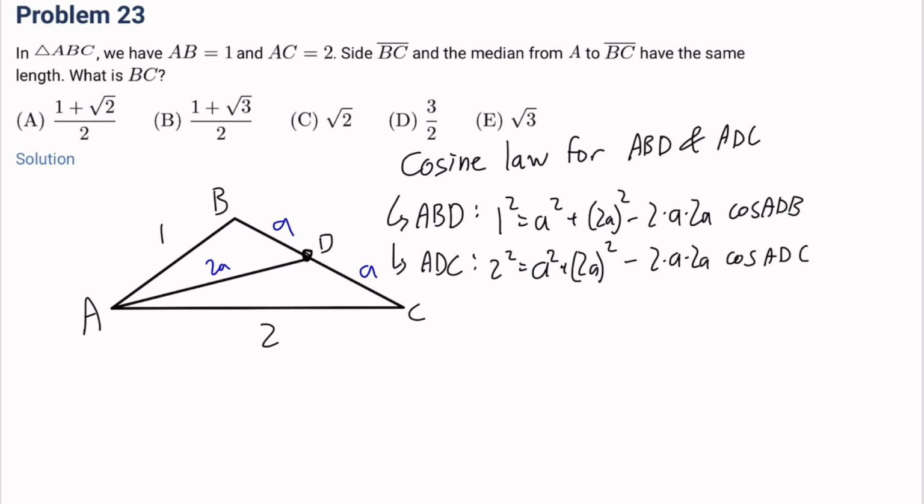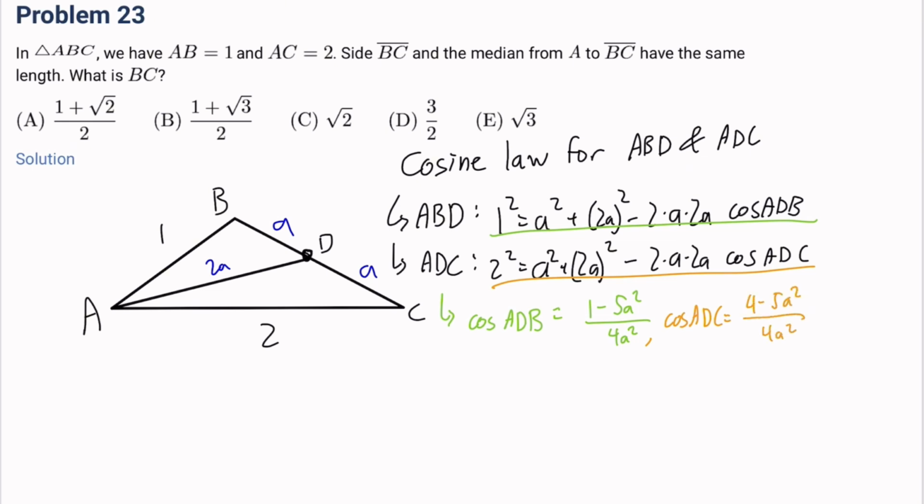ADC. From both sides, for ABD, cosine ADB is going to be equal to 1 minus 5a squared over 4a squared. And for this one, cosine ADC is going to be 4 minus 5a squared over 4a squared.